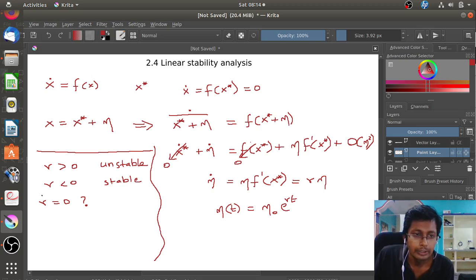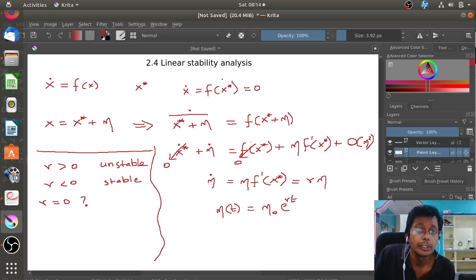But in this case, when r is equal to 0, it doesn't matter how small this term is, it is going to be greater than this term. So we cannot ignore the higher order terms in that case. So the stability depends on the higher order terms.